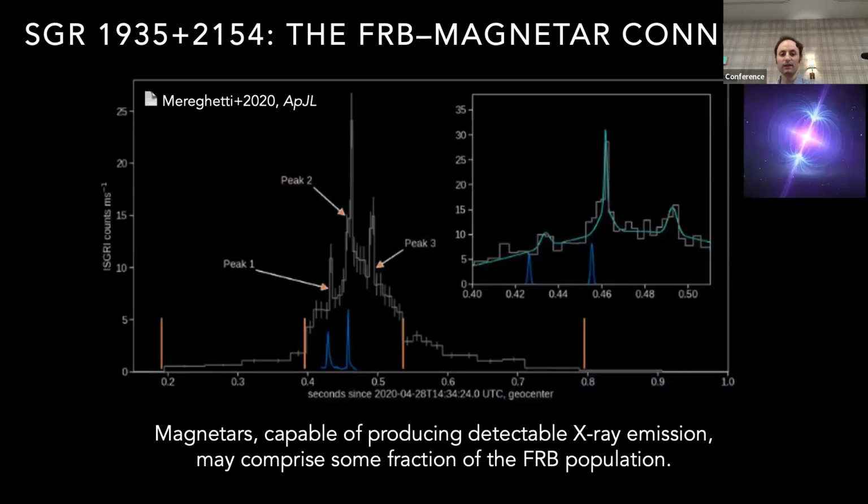And in addition to that, we also detected an X-ray burst that was contemporaneous with this radio burst, which is also showing that magnetars are not only producing FRB-like bursts, but accompanying X-ray emission, suggesting that perhaps some FRB-like sources are also X-ray emitters as well, really motivating the use of AXIS to do studies of FRB sources that are extragalactic.